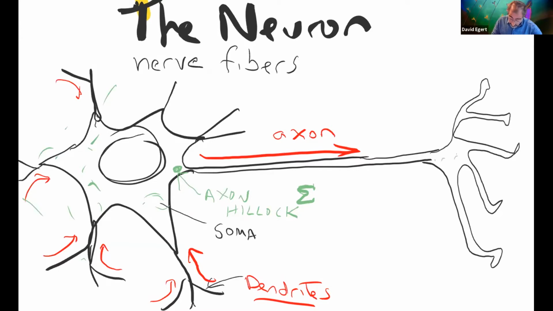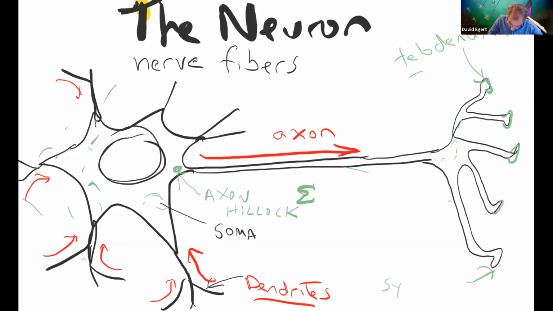At the end of the axon, you have little branches. These are the telodendria. Telo meaning far away, like telescope is looking at things that are far away, like the stars. Telodendria are the little branches at the end of the axon, far away from the soma. And they have these little swellings at the end.